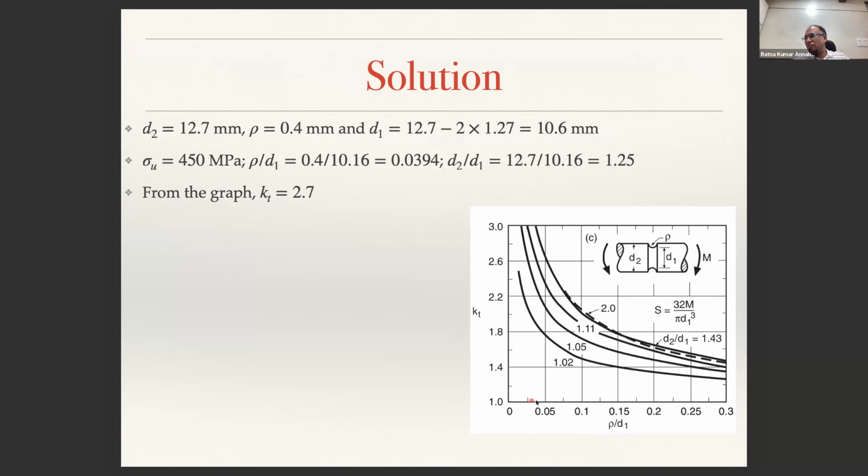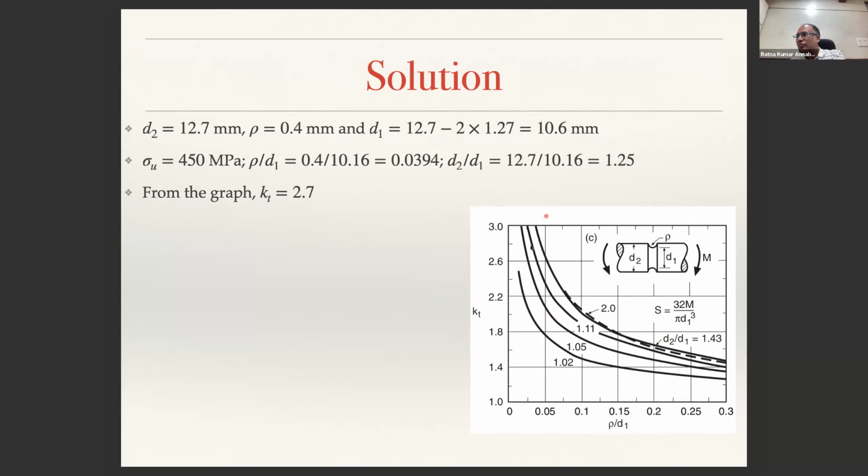0.025, 0.0394 is somewhere here, right? Corresponding to d2 by d1, one of these graphs is 1.02, this is 1.11, and this is 1.45. So 1.25 is somewhere in between, right? Corresponding to that, you calculate this and then find out Kt.